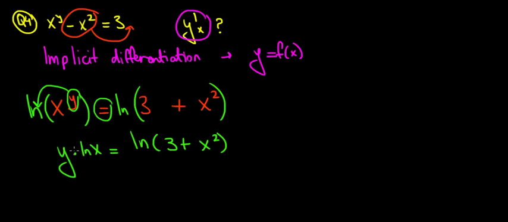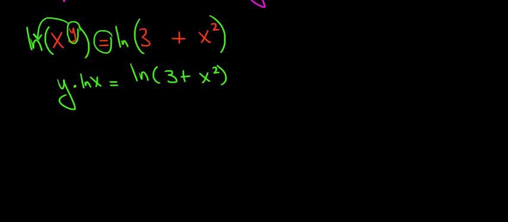That's one good step. But we want y derivative, which means that we are going to differentiate these two sides to get there. So if we take the derivative of this whole thing equals the derivative of the other thing. Again, it's an equation, so we can differentiate the left side and the right side. Why do we do it?